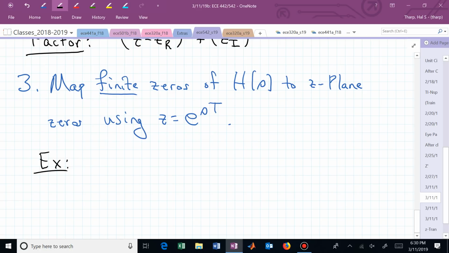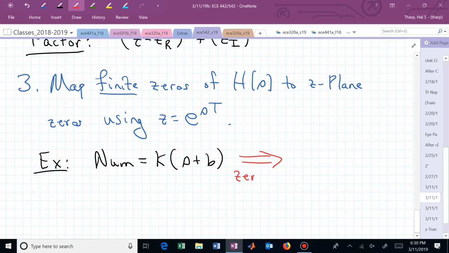As an example, suppose that our numerator was some K(s plus b). What does that now look like in the discrete equivalent? Just that piece of our numerator, K(s plus b).